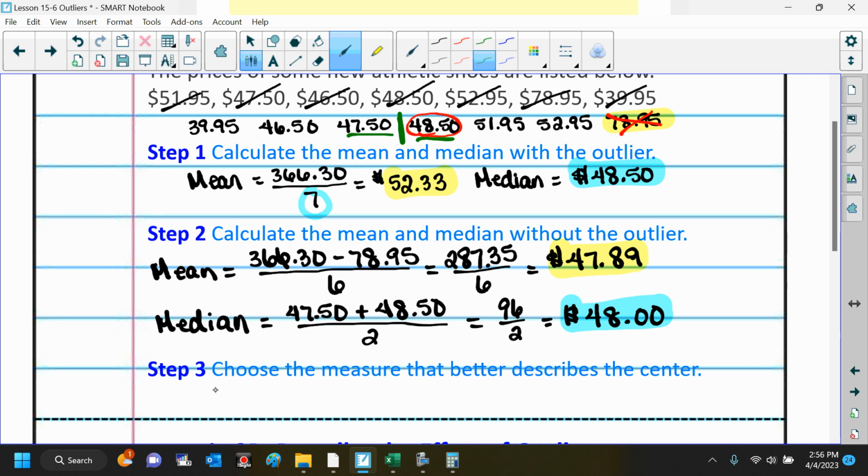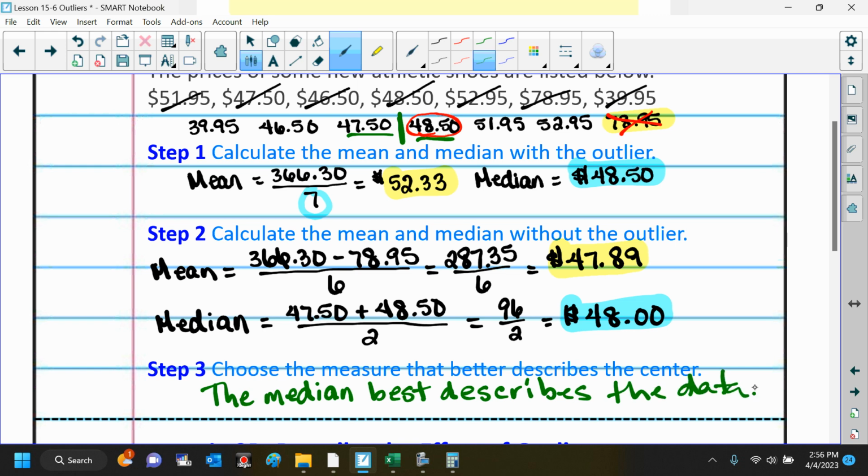Okay? Make sure you write down your sentence. And I also want you to understand, because it's the median, because it didn't change that much at all.